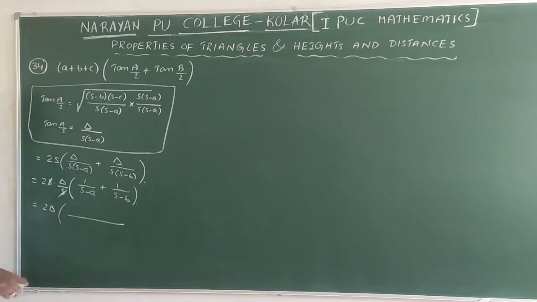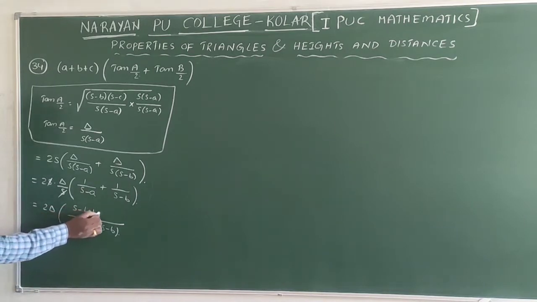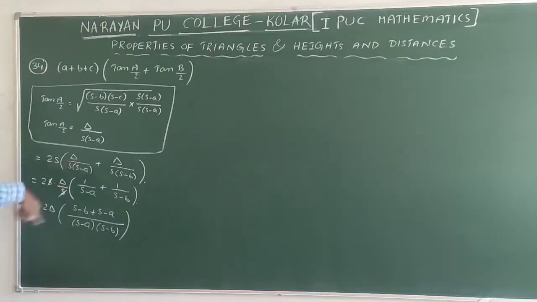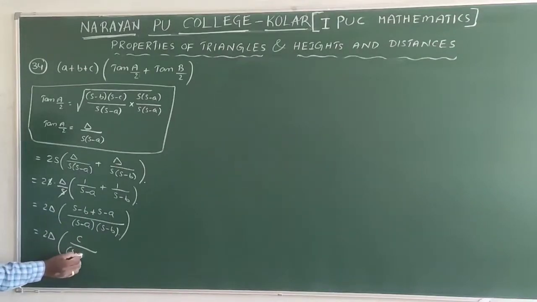Here I will take the LCM, S minus A, S minus B. Now if you cross multiply, S minus B plus S minus A, you will get S plus S, 2S. 2S value is what? A plus B plus C. A cancel, B cancel, only C is remaining. Now 2 delta into, directly I am writing 2S value is A plus B plus C, A cancel, B cancel, only C, by S minus A into S minus B.